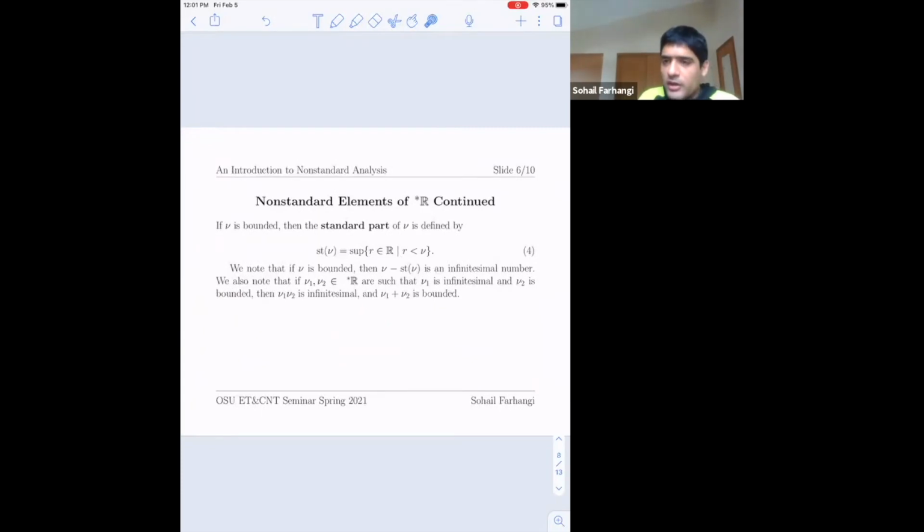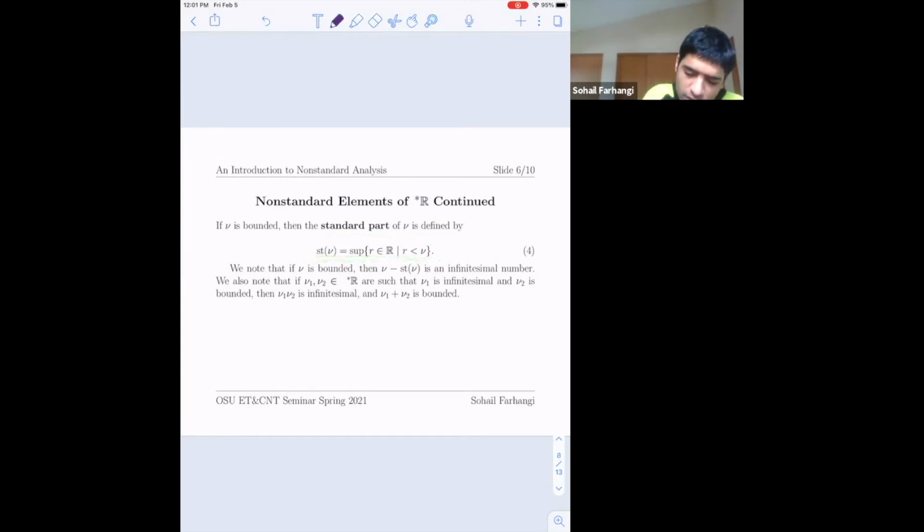Now, some more properties about these: if we have a bounded non-standard real number, then it has a standard part, which is the supremum of the real numbers that are smaller than it.